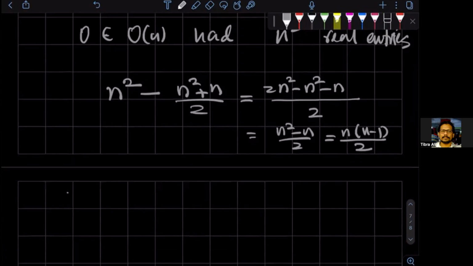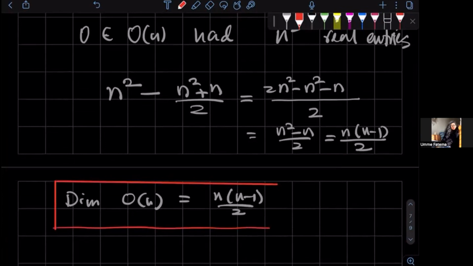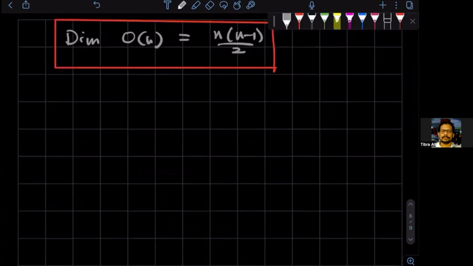So the dimension of O(N) is n(n minus 1)/2. Is the counting clear? Yes, sir.